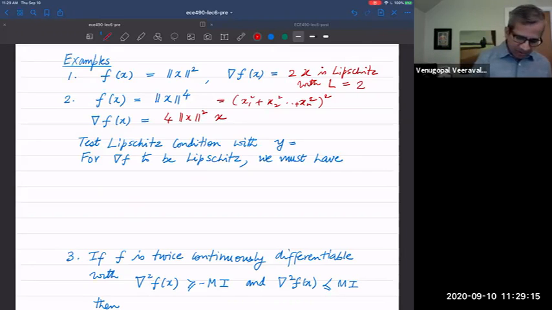To verify that it's not Lipschitz, you just need to come up with a counterexample. In this case, this is an odd function, so I'll make y equals minus x to construct my counterexample.